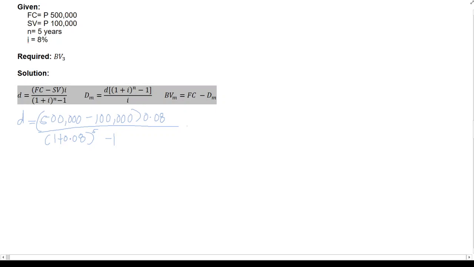Okay, so the value of depreciation there is already equal to 68,182.58 pesos.